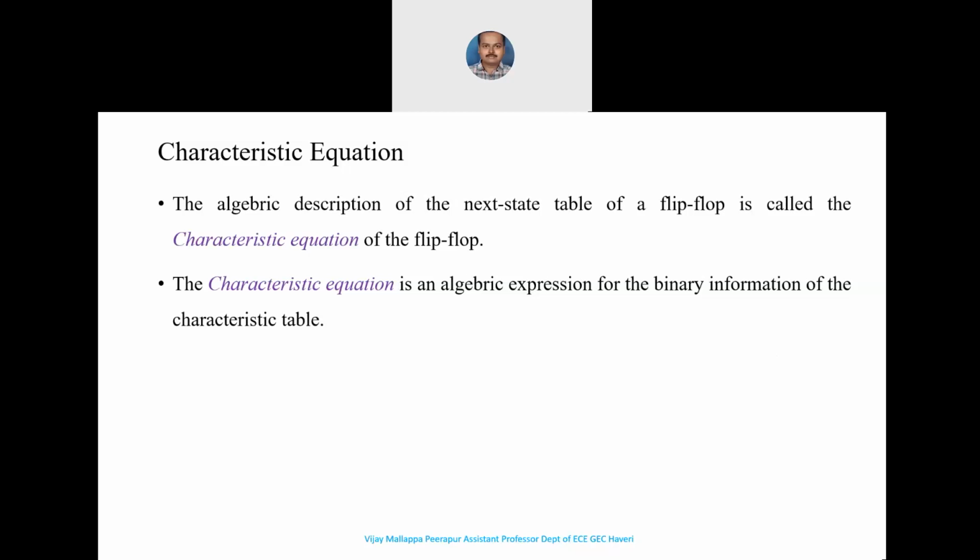This can also be stated as: a characteristic equation is an algebraic expression for the binary information of the characteristic table, right? Similar to what we had in module 1, we studied the K-map, right? We have a truth table. We prepared the truth table, right?